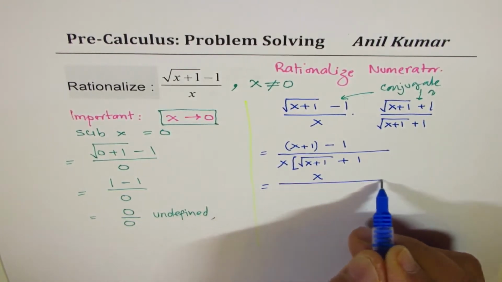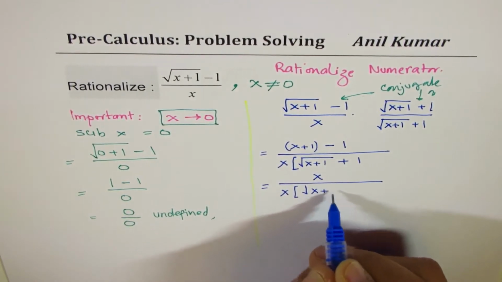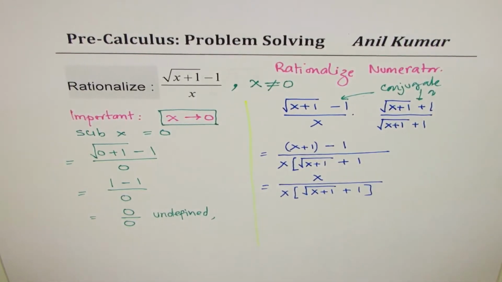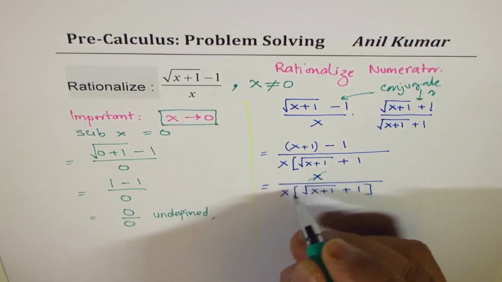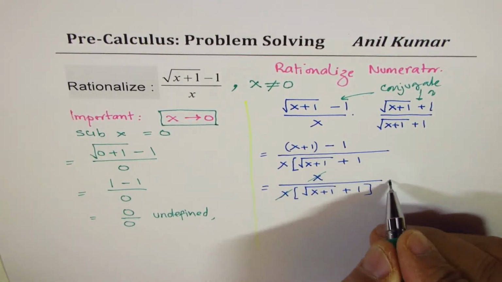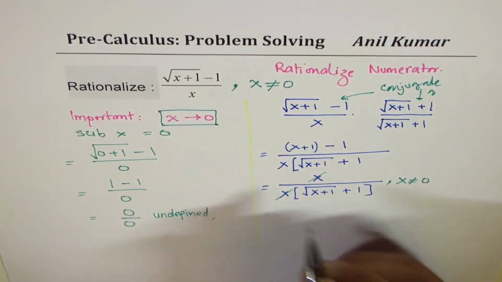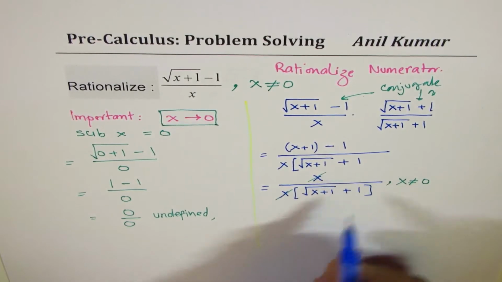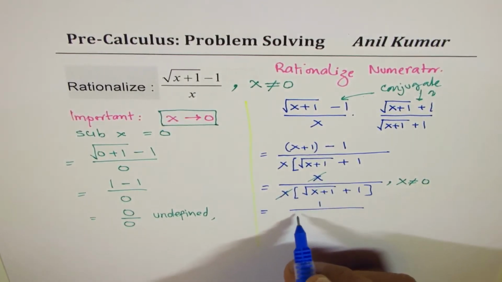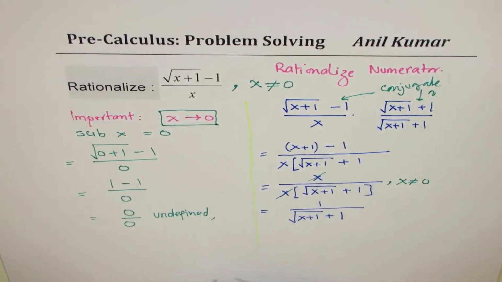So it gives you x over x within brackets, square root of x plus 1 plus 1, correct? Now, we can cancel x, correct? Of course, we should remember that x cannot be equal to 0. Only then this is equivalent, right? At this stage, I could write this expression as 1 over square root of x plus 1 plus 1.